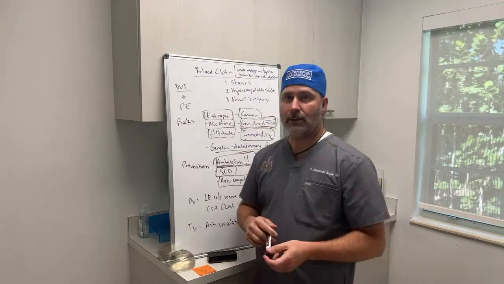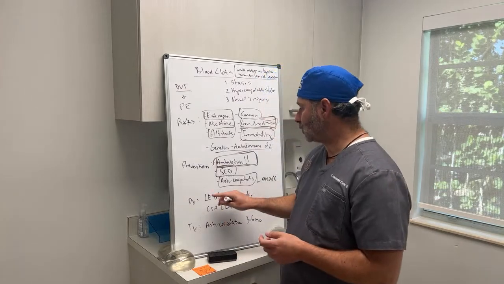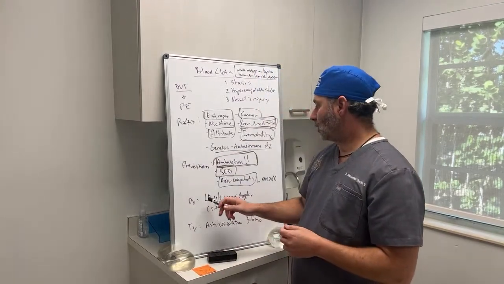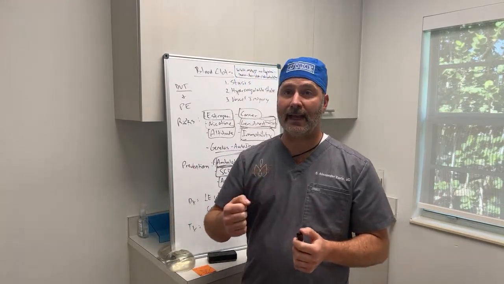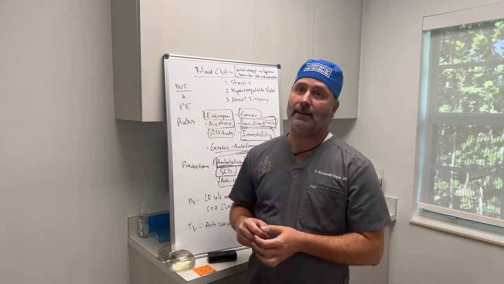What's the ER going to do? The ER has to do two important tests, and I typically recommend that they do both of these. One is your lower extremity ultrasound, venous Doppler. It's basically an ultrasound that looks at the large veins in the legs, and you can tell if there is a DVT in there.